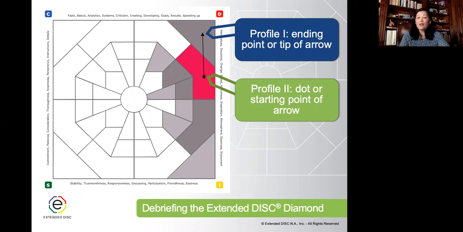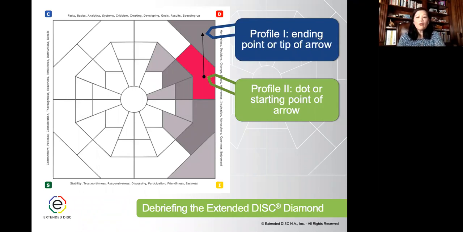And in this example, this person is most comfortable in the D quadrant. So D style behaviors such as probably moving at a faster pace, being more task focused. These are behaviors that tend to be more comfortable for a D style individual.